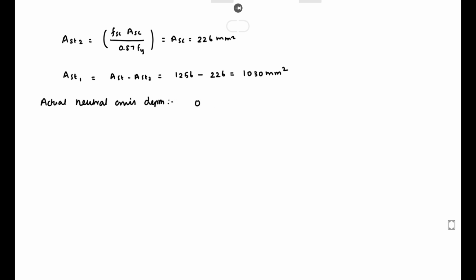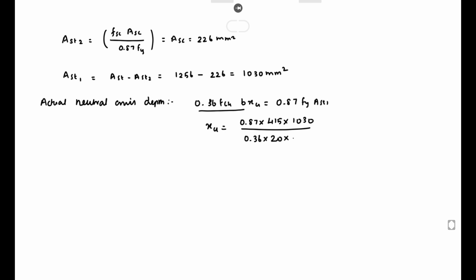Now the actual neutral axis depth. The formula is 0.36 fck b into Xu equal to 0.87 fy into Ast1. Now we have to find out the Xu value. We substitute 0.87 into fy value 415 into Ast1 value 1030, divided by 0.36 into fck 20 into b value 250.